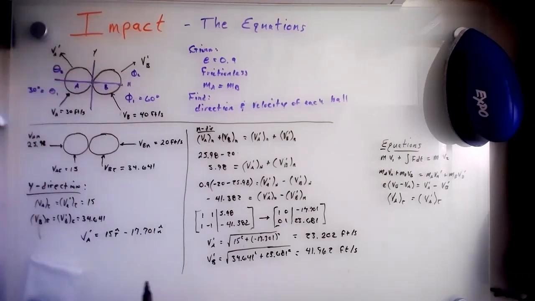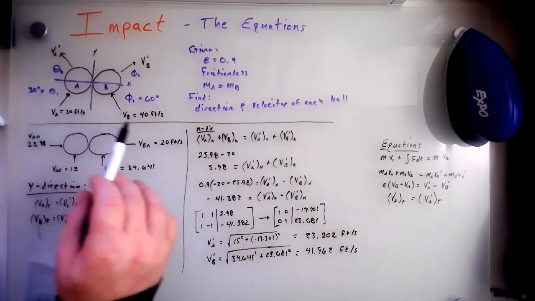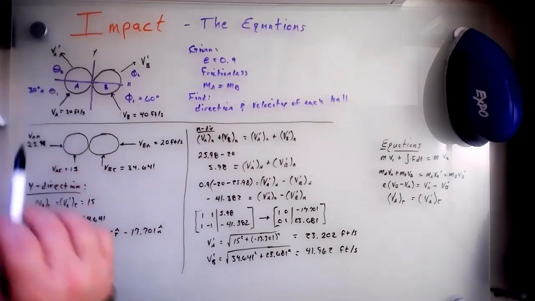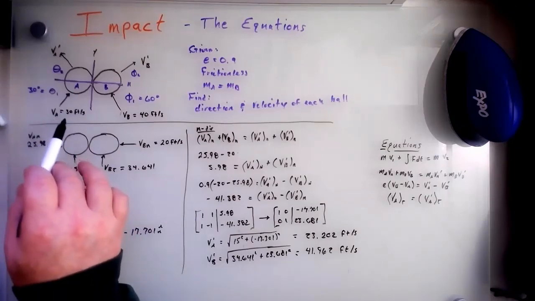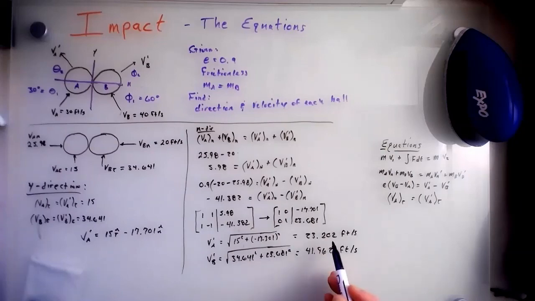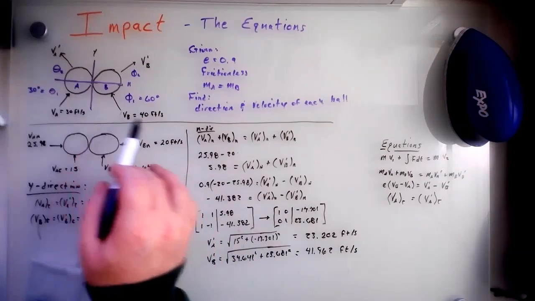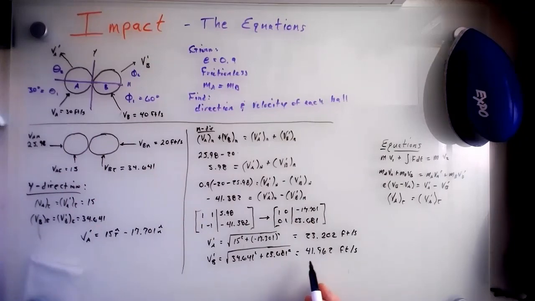So the net energy of the exchange was that energy went from A to B. We can see that because the velocity of A before impact was 30, the velocity after is 23. Similarly, the velocity of B before impact is 40, the velocity is 42 after impact, right?